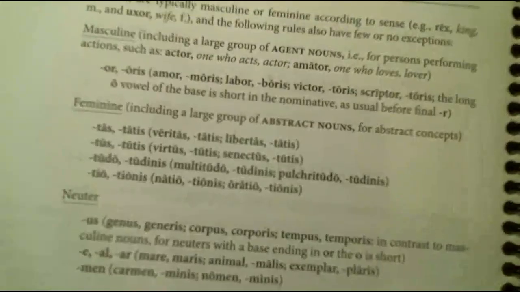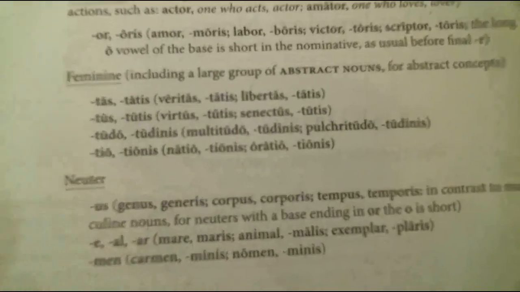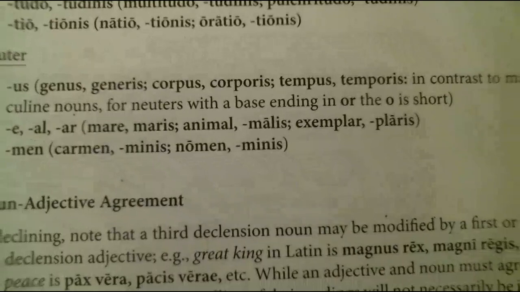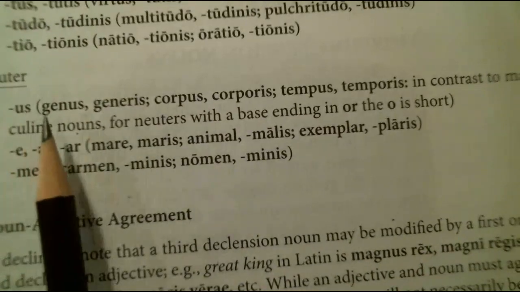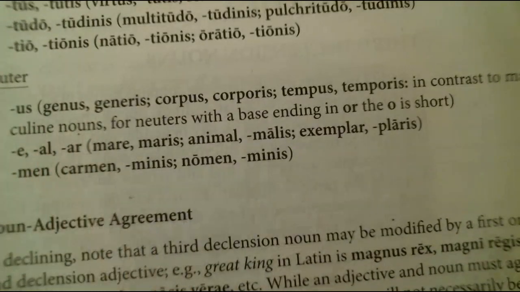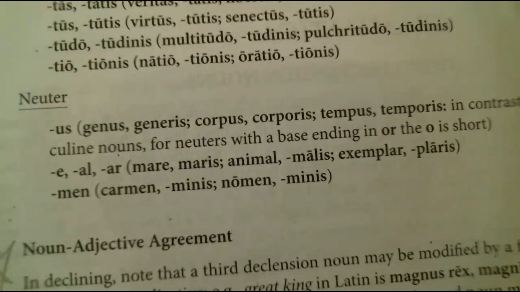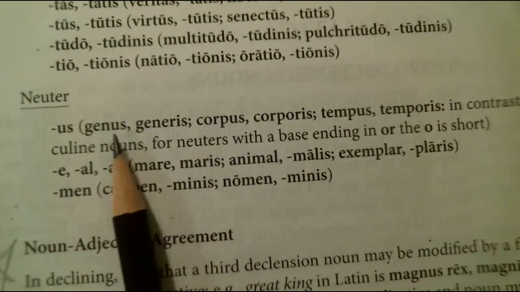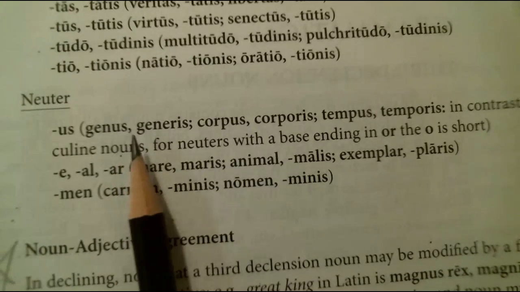But let's go back to Wheelock here, and we will go on. But that's basically what's happening here if you look at these words under the feminine form. And then if you look at the neuter here, let's see here. So they give you a bunch of examples here. Now keep in mind here with the neuter, genus, generis, genus looks like the second declension, right?